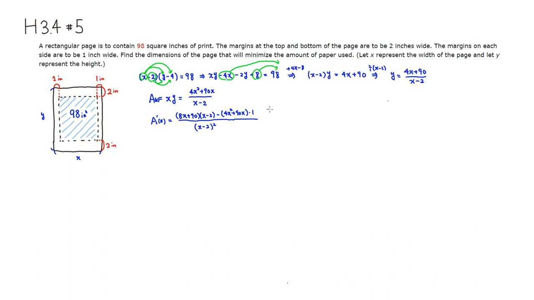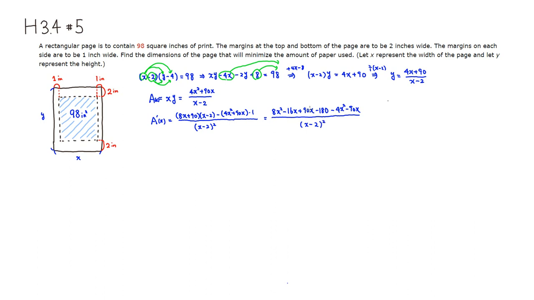Right? So if you simplify that, 8x times x is 8x squared, and 8x times negative 2 is negative 16x. And then you have a 90x, and then you have a minus 180. Then you're subtracting 4x squared and 90x. The denominator stays the same, quantity x minus 2 squared.